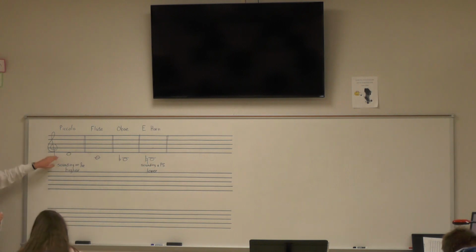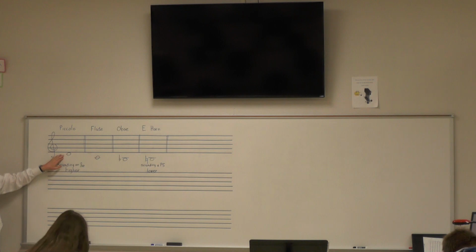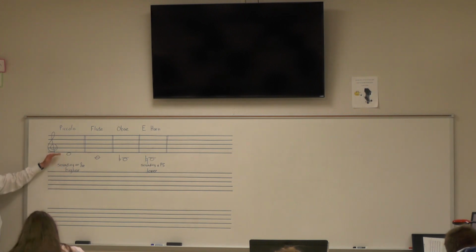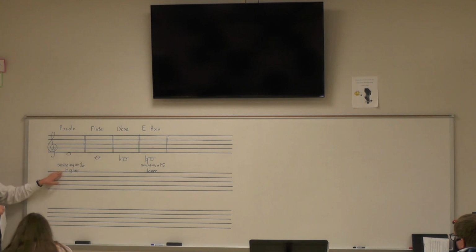So over here we need to know that for the piccolo, I don't want you writing anything lower than D4, the D right next to middle C. You can't write anything lower than that because anything written lower than that, the piccolo will not really be able to produce. And by the way, while I'm on this, these are the written low ranges for these instruments.